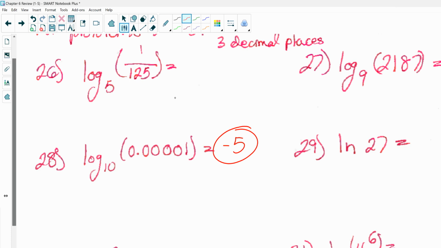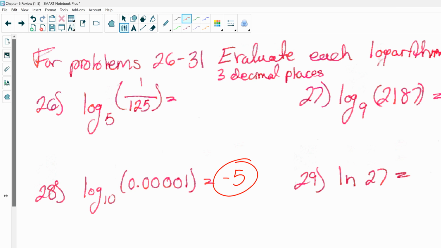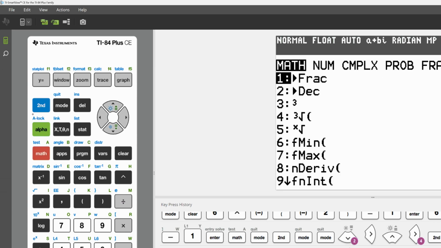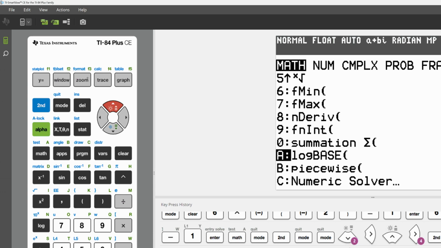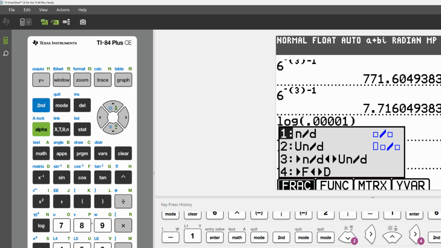Which one do we want to look at next? How do you use math? Math. Yep. 26. Log base 5 of 1 over 125.